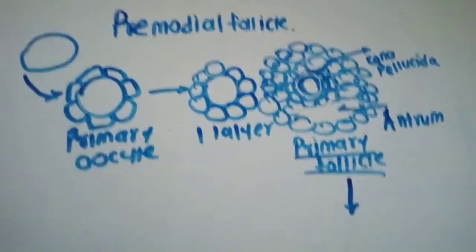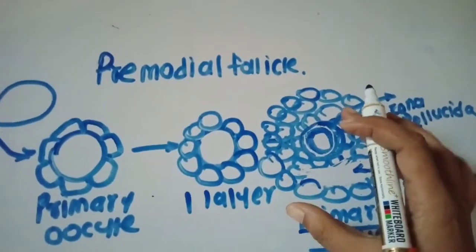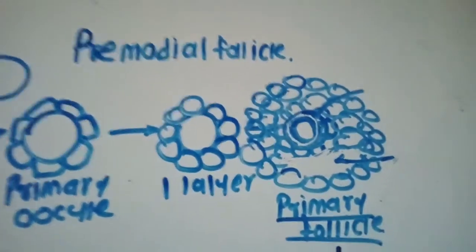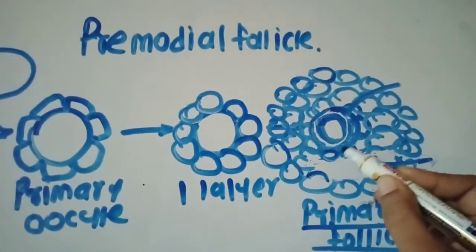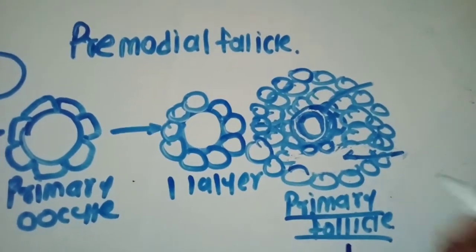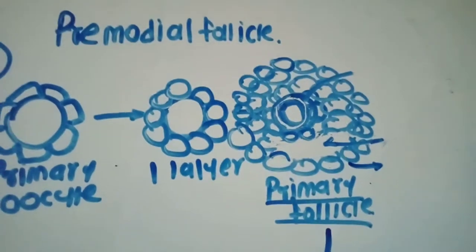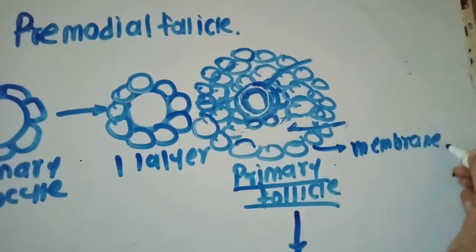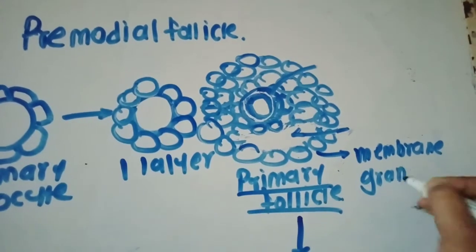And finally it will divide this into two compartments. The outermost cells that you see are called the membrana granulosa.